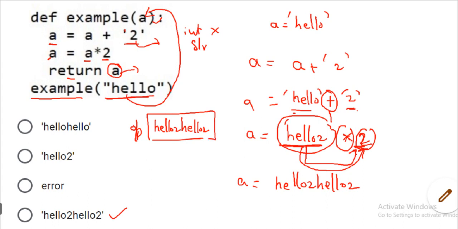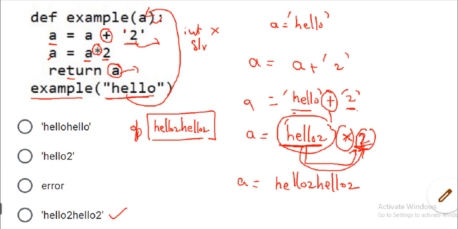Okay, just see here, in order to confuse you, he has given the plus operator and the star operator. But this is not simply a 2. This is a string, because 2 is mentioned in quotes. Whenever it is mentioned in quotes, it is a string only.